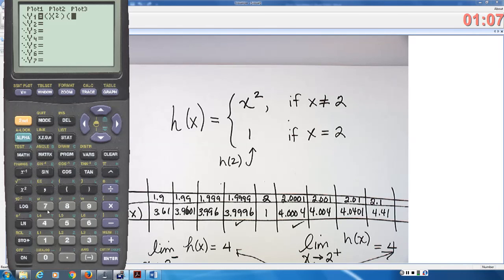Okay? So if you go second math, this calculator is so hateful. If you go second math, does not equal is the second thing on there. Now I needed to put my x in, so let me do that again. X, second math, choose option 2, does not equal 2, close parentheses.